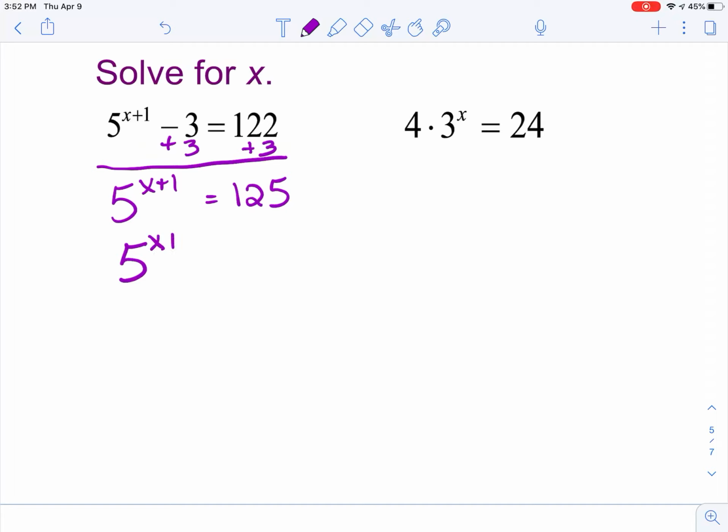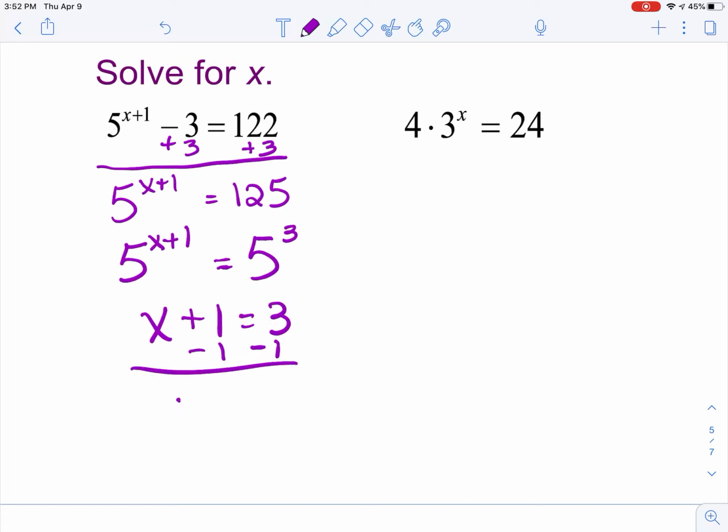And the answer is yes. 5 to the x plus 1 equals 5 to what power is 125? 5 to the third is 125. Since the bases are the same, x plus 1 equals 3. Subtract 1 from each side. So x turns out to be 2. And that is our answer.